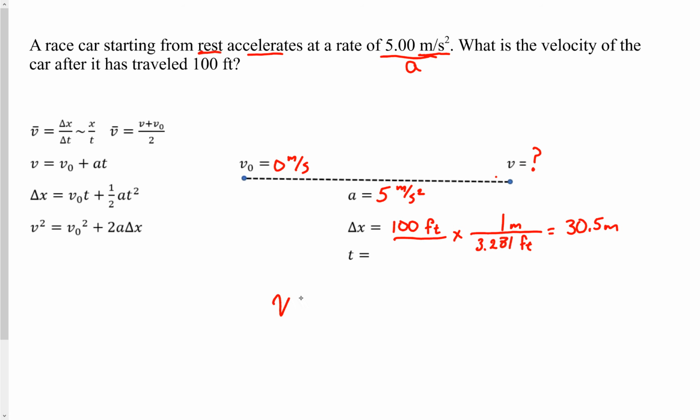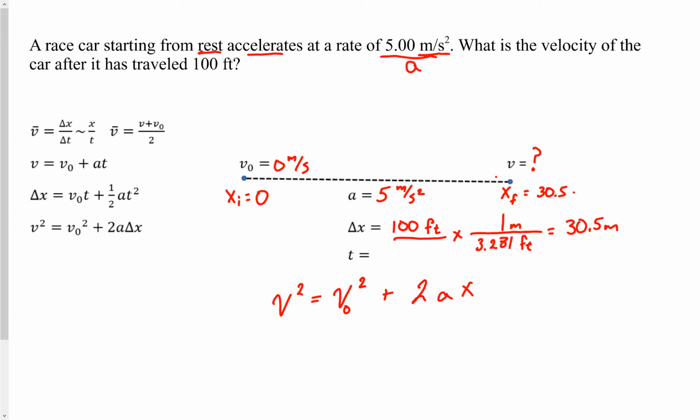So I'm going to just write it down. v squared, velocity final squared, is equal to velocity initial squared plus 2a, and instead of the delta, I'm just going to write x down. Because if we were writing it like maybe your teacher might want, x initial would be equal to 0, and my x final is actually this 30.5.